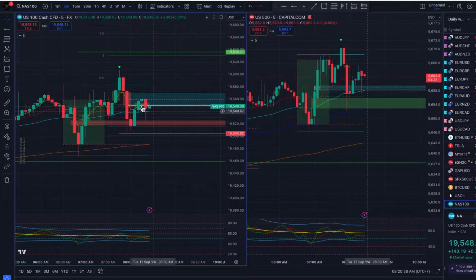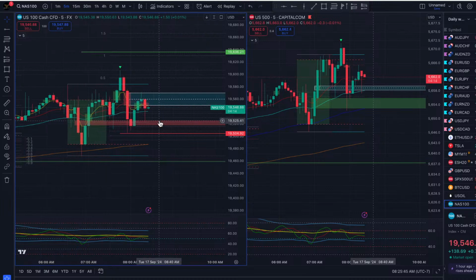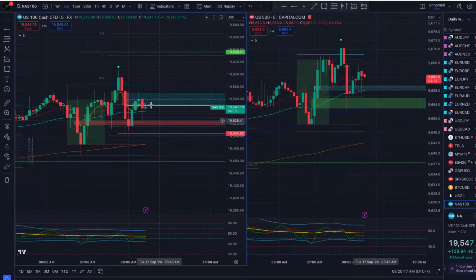Let's see what happens here. Back at the fair value gap. Ahead of FOMC, you want to be as careful as possible. You don't want to take any chances.